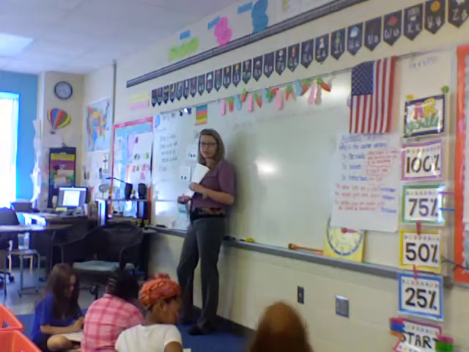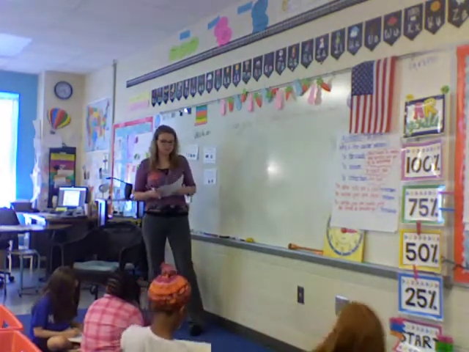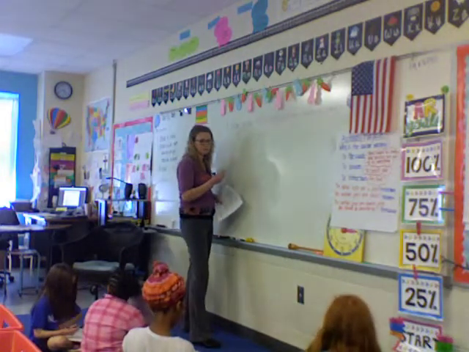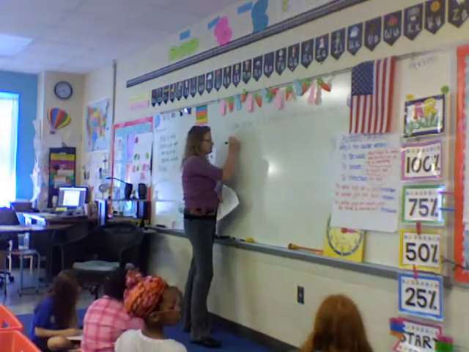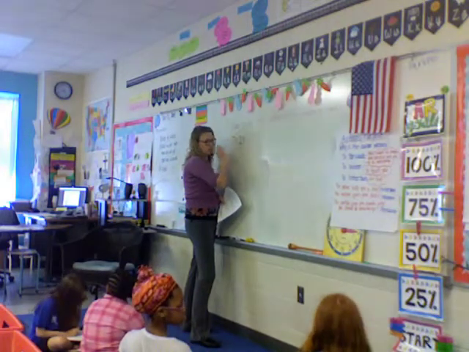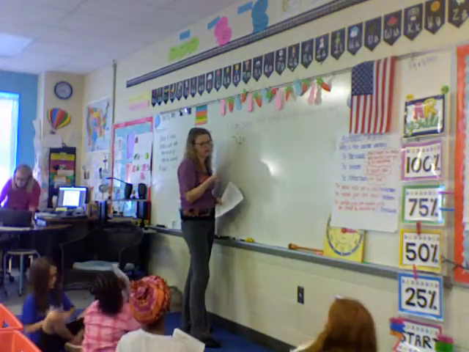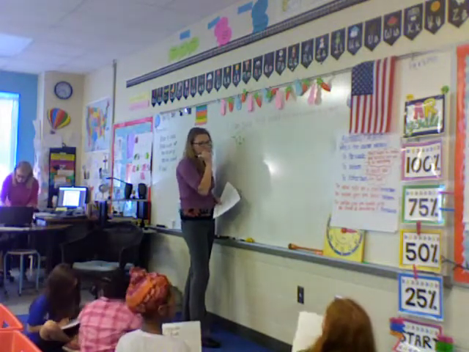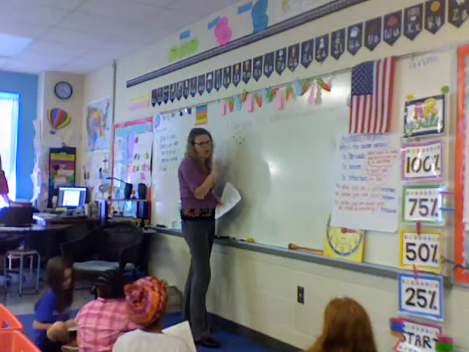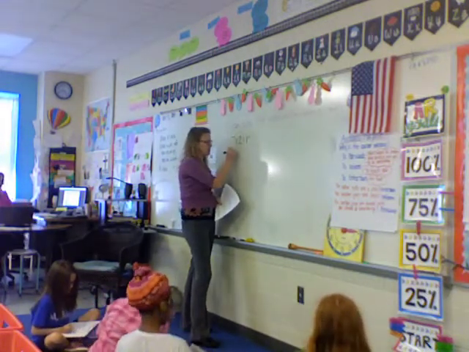Okay, Raylan, do you want to tell me how you wrote your equation? The first thing I did was I wrote 7 times 2 equals, I actually wrote the answer. You wrote the answer, but what would you have written before you knew the answer? Pick any letter. R? You want to use R? Okay. And what was your answer?